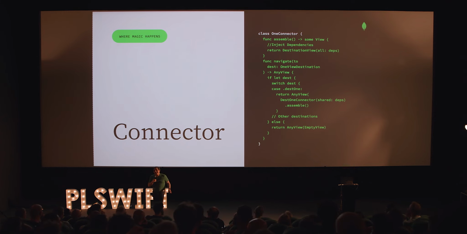So these destinations will invoke the connector for building the destination view in that place, okay? So from the first one, you invoke destination 1 connector, and if you have more navigation, you will invoke destination 2 connector, destination 3 connector, which will create the view and inject itself to do the navigation of that view, okay?